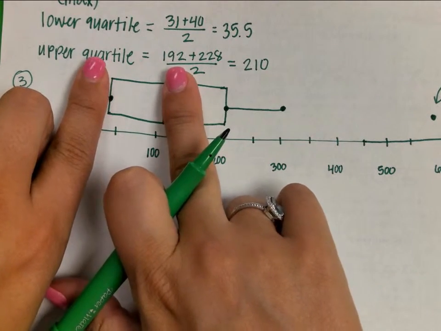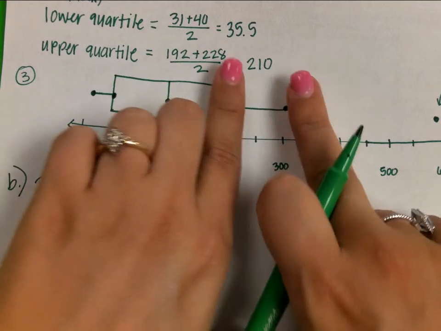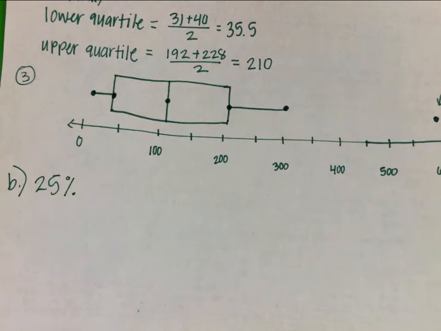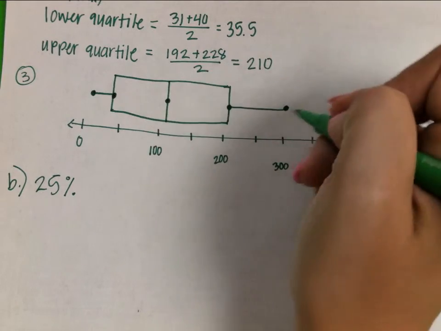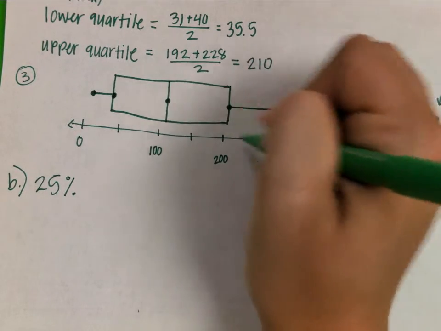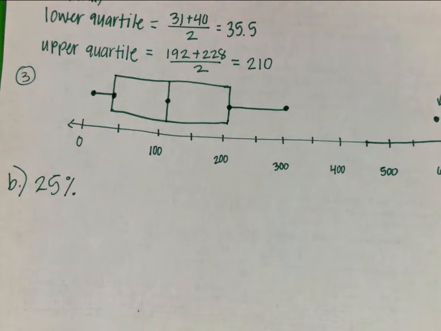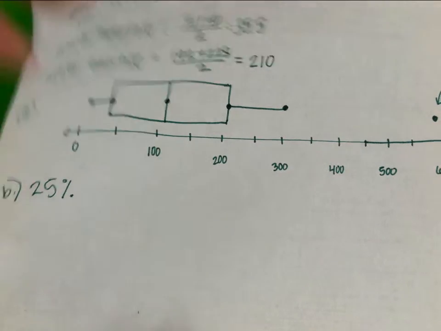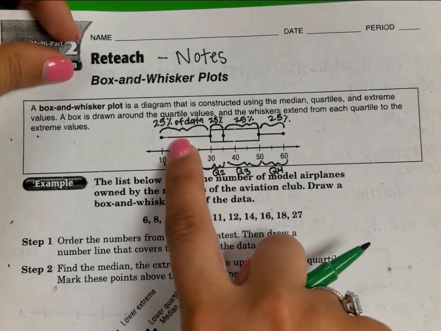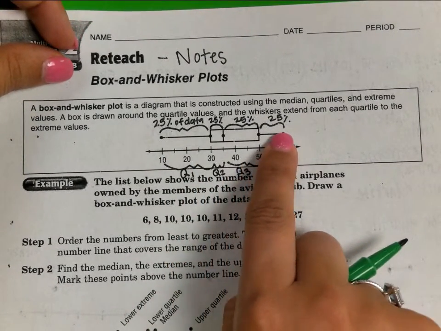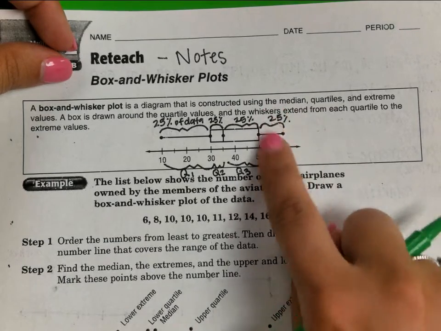This is 25%, 25%, and 25%. So if it's asking for the states that have a greater coastline than 210, then it's looking for that fourth quartile, which would be 25%. Does that make sense? Remember, if you look over here at the top, each little piece is 25% of data. So I'm looking at that very last piece, which is 25%.